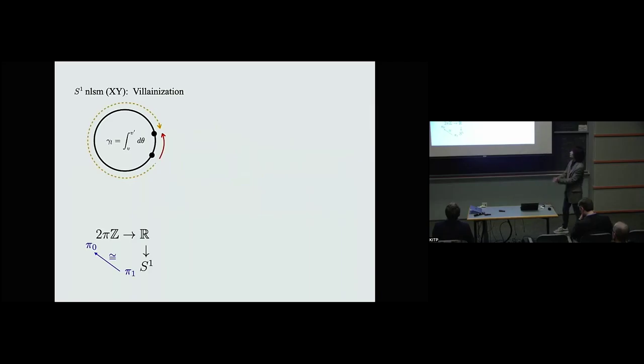Right, so now we motivated the Villain model from this geometrically intuitive picture. And algebraically, what happens is we are realizing S1 by its universal cover R and gauging a Z gauge redundancy. And by doing that, by some mathematical theorem in homotopy theory, the pi1 of S1, which is the topological stuff we're interested in, is naturally captured into the pi0 of Z. And that's why the Villain model works.